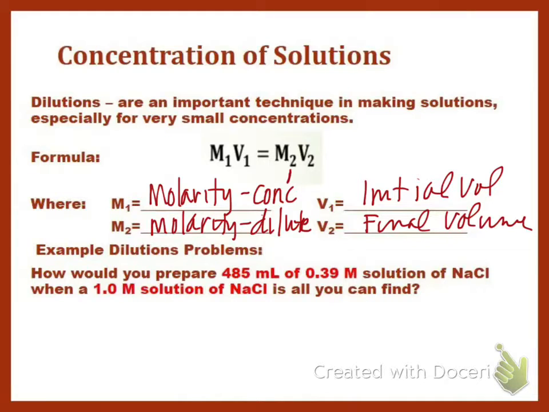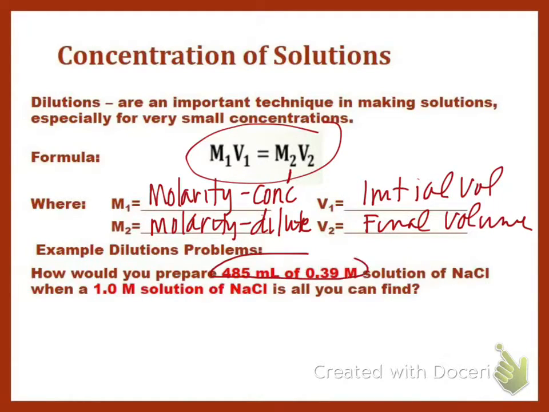Okay? So does that formula look vaguely familiar? What does it remind you of? Gas laws. Yeah, it works just like Boyle's P1, V1, because they're proportional to each other, so it works the same way when you rearrange it. Okay? So this one example says, how would you prepare 485 milliliters of 0.39 molar solution?